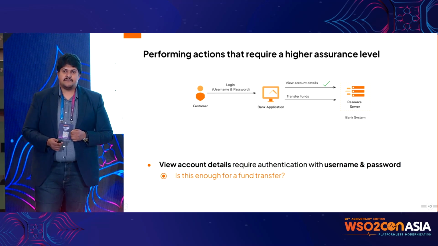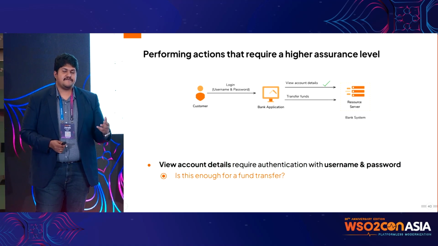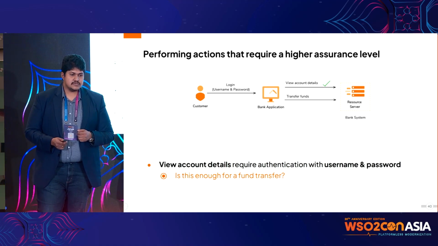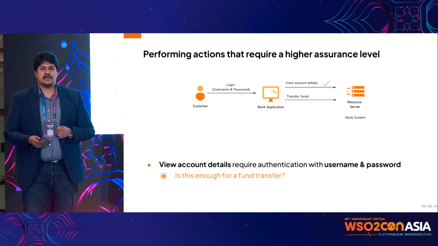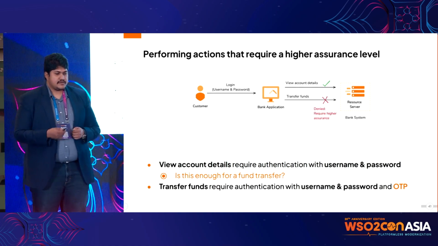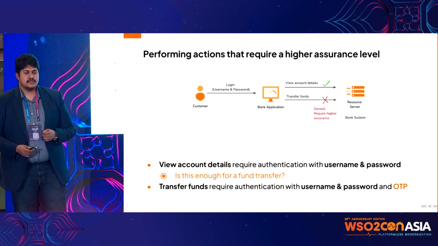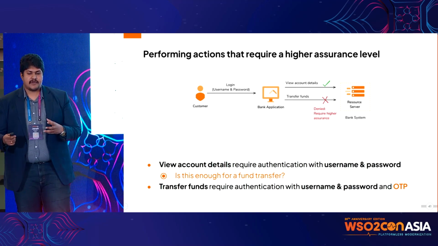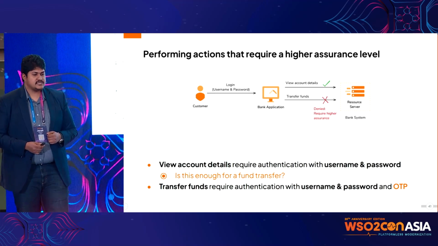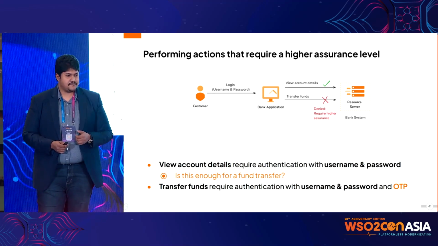Is username and password authentication giving enough assurance that this is in fact the exact user? You generally want a higher assurance level for tasks like this. So the banking system will reject it, saying you need an additional OTP as well to have higher assurance to perform this transaction. So how can we do this in a standard flow?